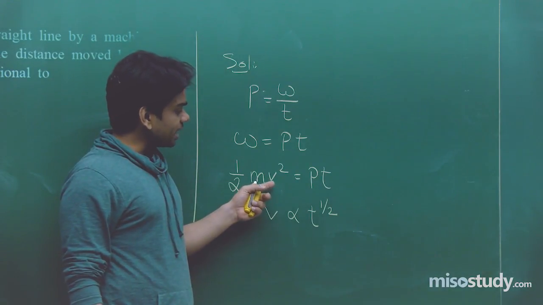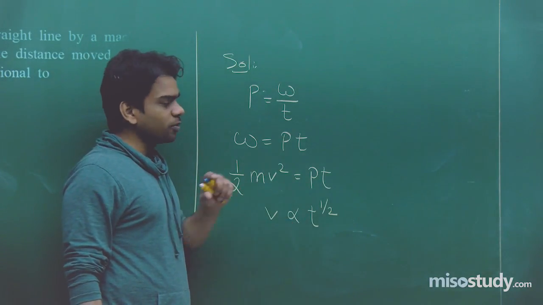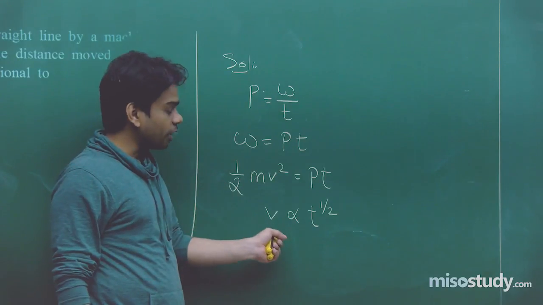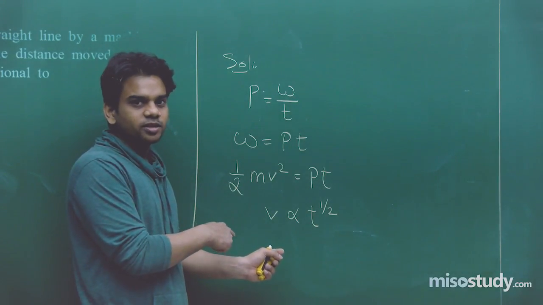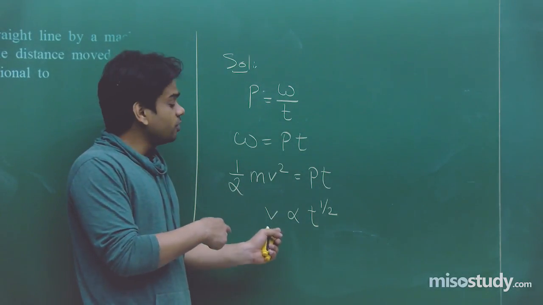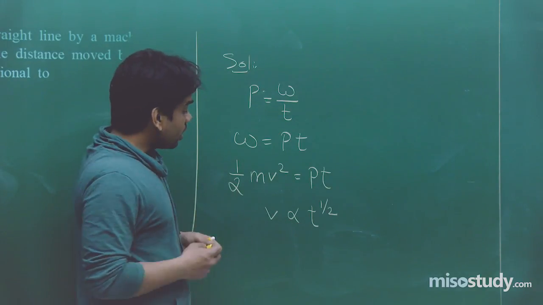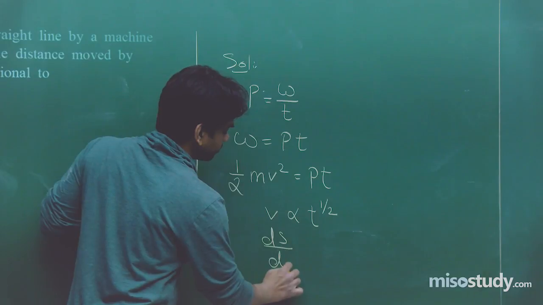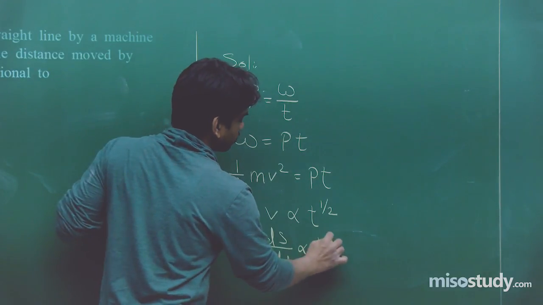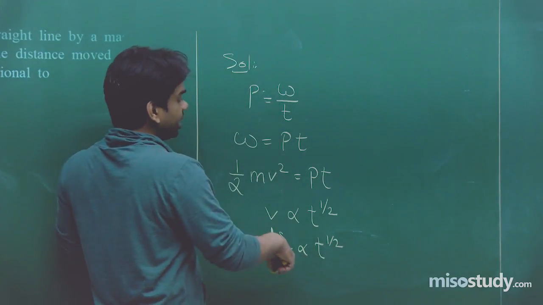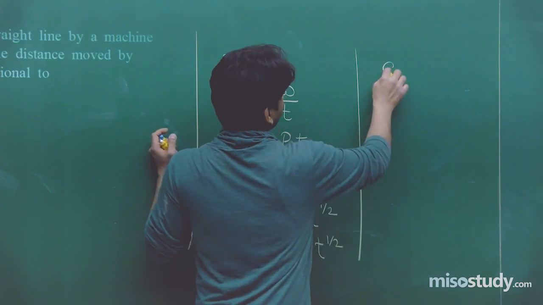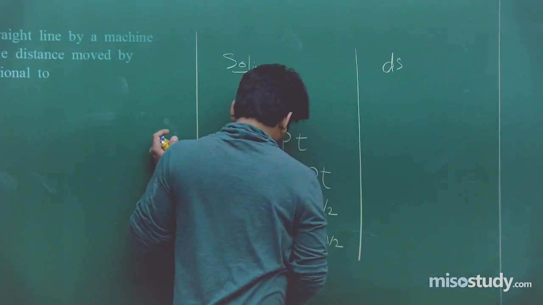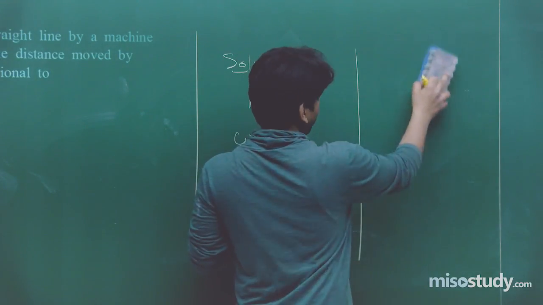And for v square, I have taken the square root, so v will be proportional to t to the power 1/2. Easily you can make out. If not, pause the video and check this equation. You'll get how we have got v proportional to t to the power 1/2. Now v is ds by dt, proportional to t to the power 1/2. Now ds is proportional to t to the power 1/2 dt.